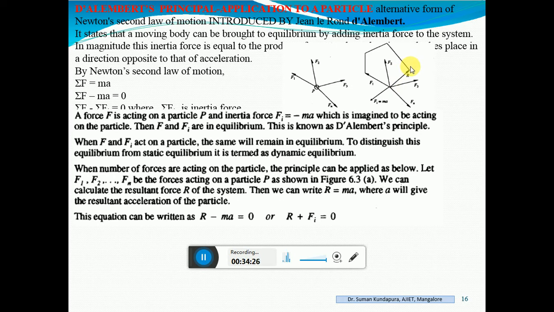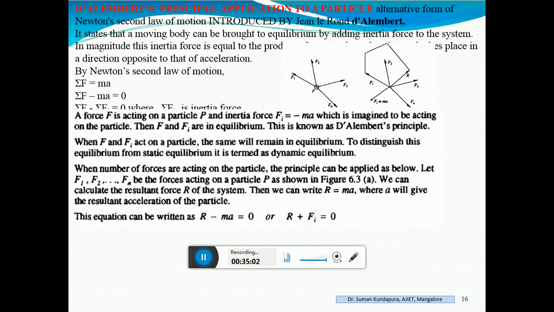Now if I take this whole thing as a system, and this is the resultant of the system, I apply another force in the opposite direction. Along the line of action, I can shift it here. So if I apply another force of mass m at an acceleration a, and that force is known as Fi, in the opposite direction, then this body will remain in equilibrium.